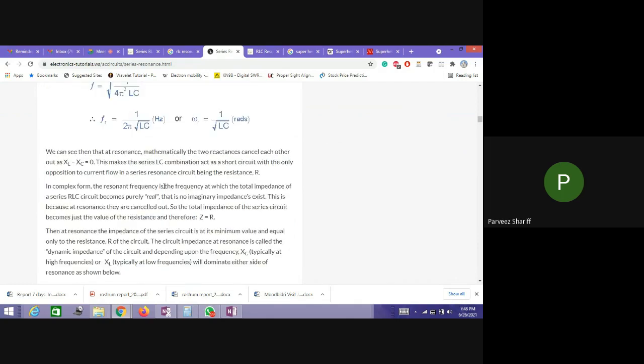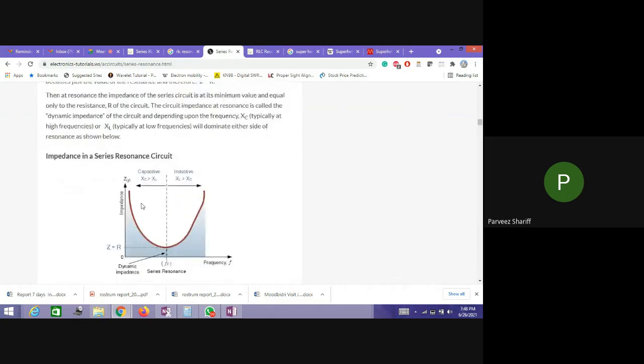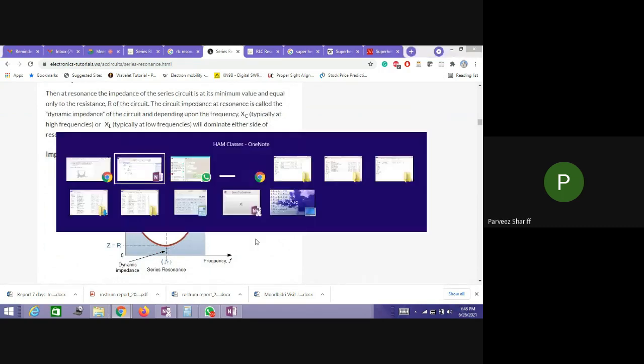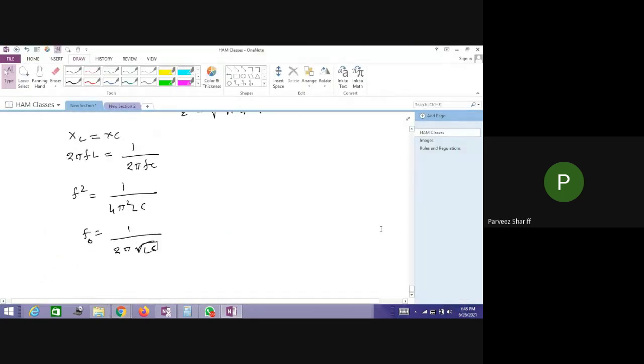So this is the impedance chart that we will get. At the resonance point, the impedance will be minimum. Okay, if we draw the graph with respect to the frequency, we have to note one thing. We will get a graph like this. This is the F naught point.